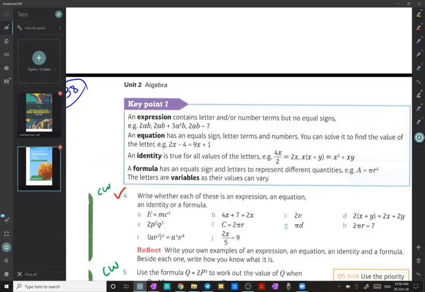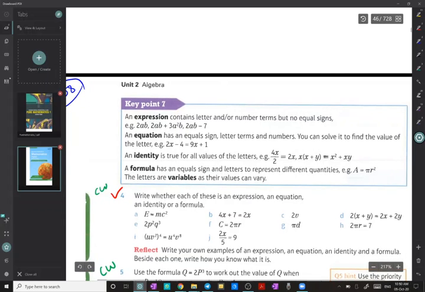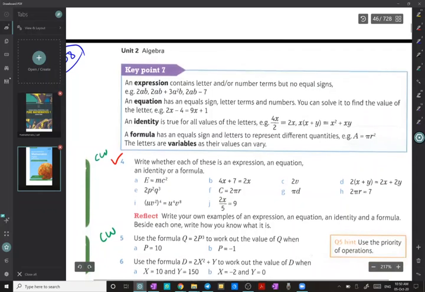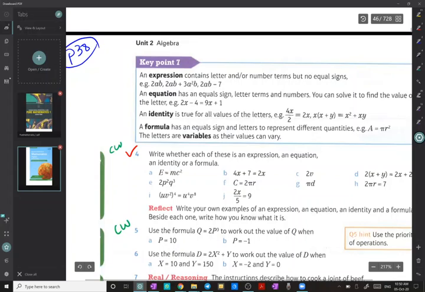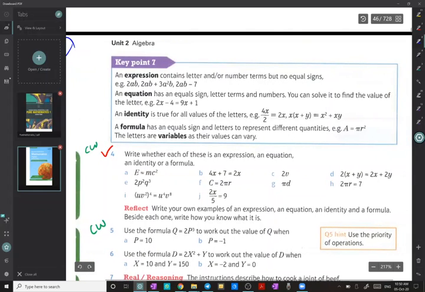In this case the variable is x, and we have just finished solving equations, as you know. An identity is true for all values of the letters. So an identity is when the expression on the right hand side is equal to the expression on the left hand side.